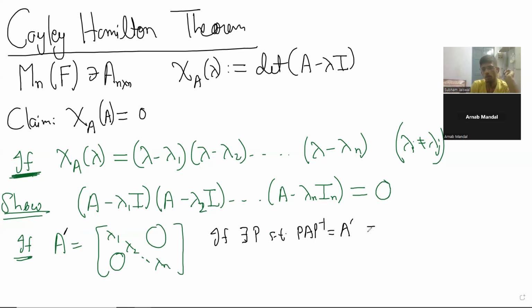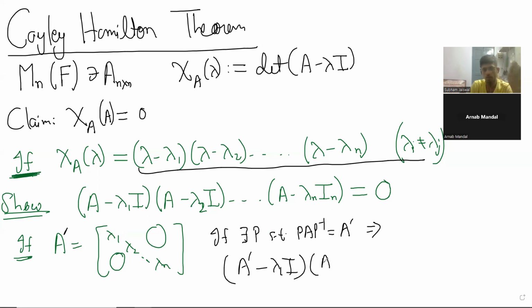Why? Because if, starting with your A, which has this nice characteristic polynomial, you can conjugate it and make it into a diagonal matrix like this, then you are done. First of all, you can see that this is true. This is just what we already said.